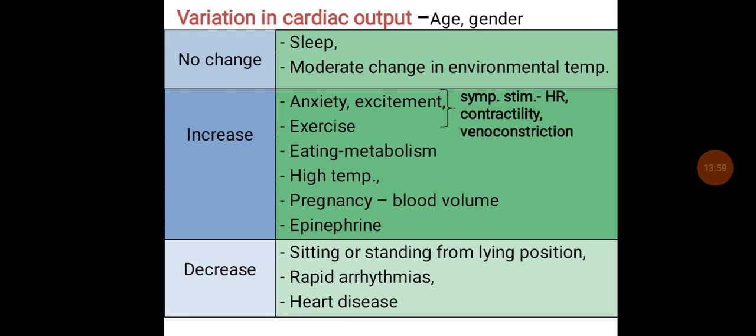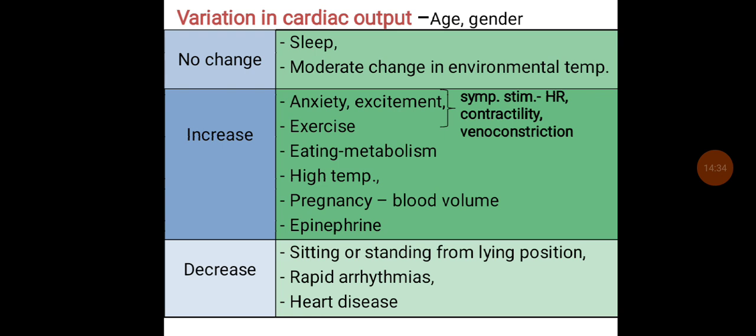Okay, so there can be variation in the cardiac output. It depends on age and gender. During sleep or moderate change in environmental temperature, usually there won't be much change, but cardiac output drastically increases with anxiety, excitement, and exercise, and after a meal, due to metabolism, it is going to increase.